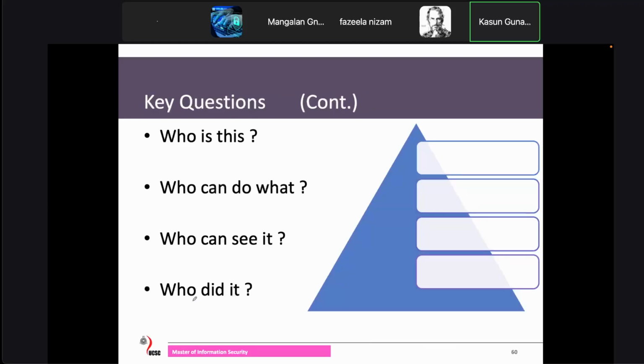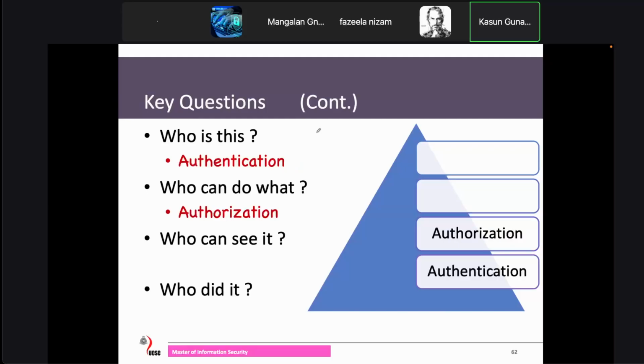So these four questions: who is this? Basically answered through authentication, right? Authentication is to answer this question. Next, who can do what? What are the things that can be performed by different users? That is about authorization. Who can see it? Basically encryption, right? Who can actually see the data? Finally, who did it?